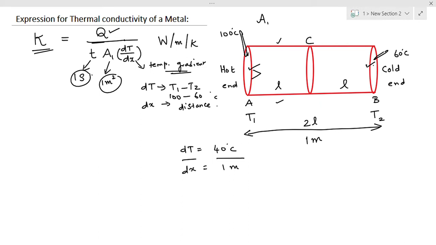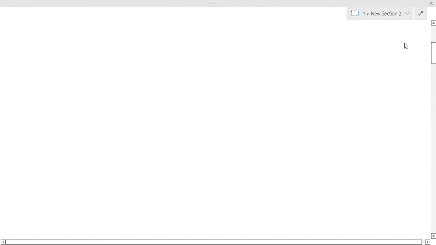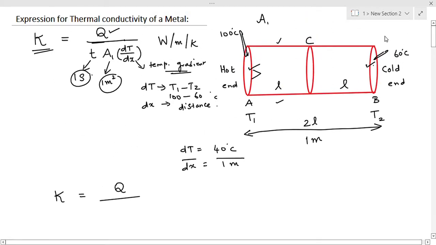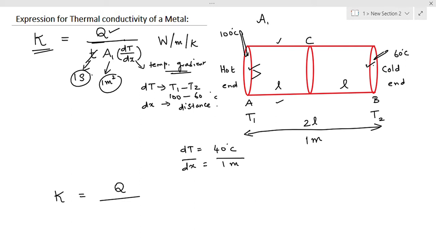Now we are going to derive the expression for coefficient of thermal conductivity. Q divided by t A, from this particular formula, unit time. So t is taken as 1 second, unity.